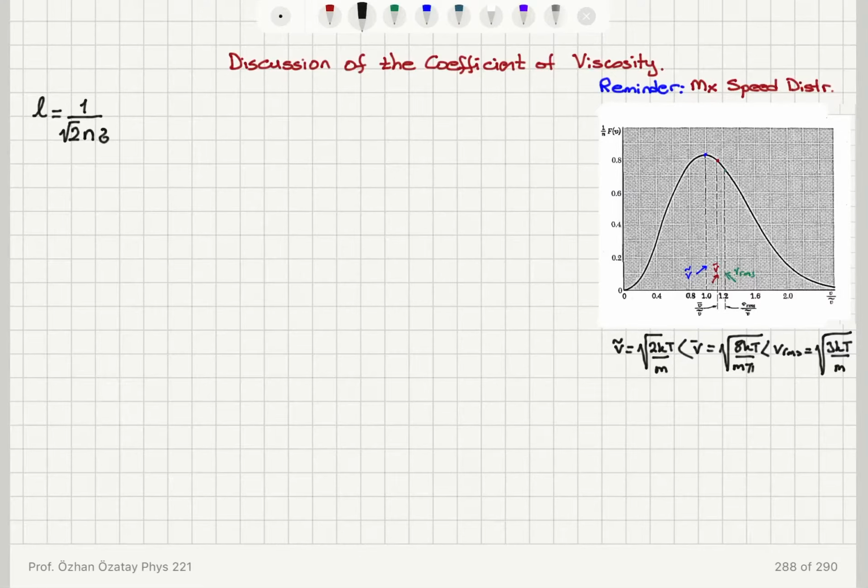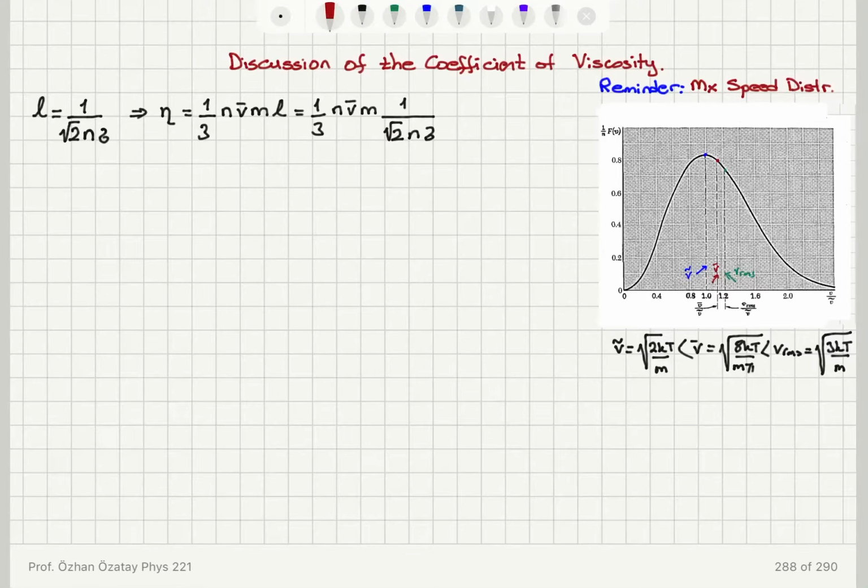If we insert this into our equation for the coefficient of viscosity eta, which we found to be 1/3 n v bar, the mean speed per molecule, multiplied by m times the mean free path, this is going to be 1/3 n v bar m times 1 over square root 2 n sigma.